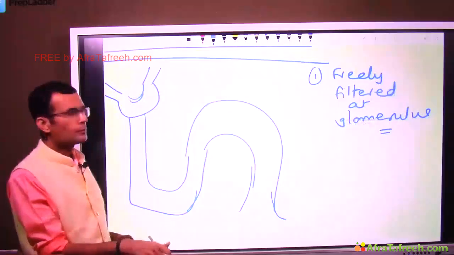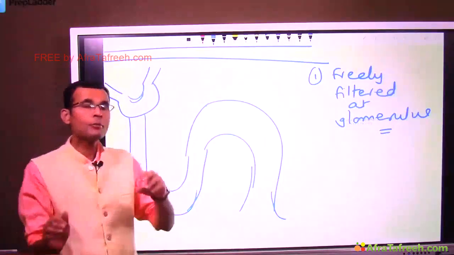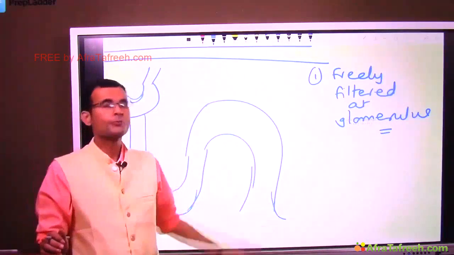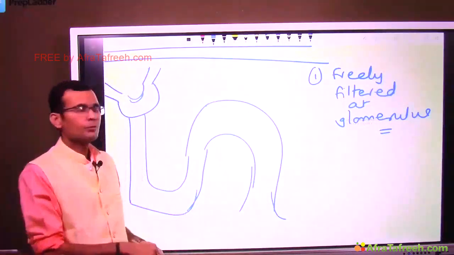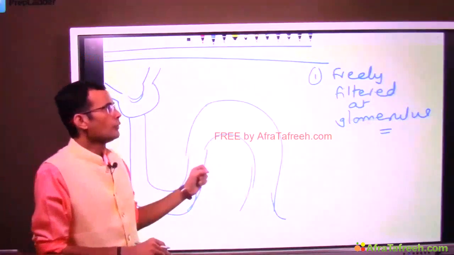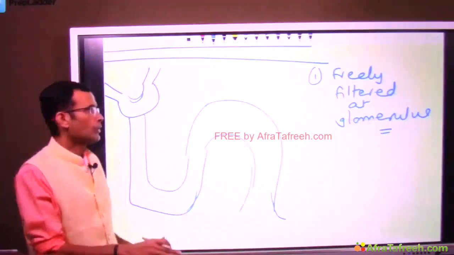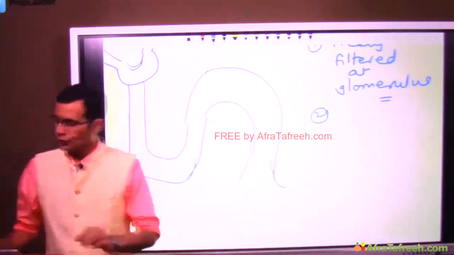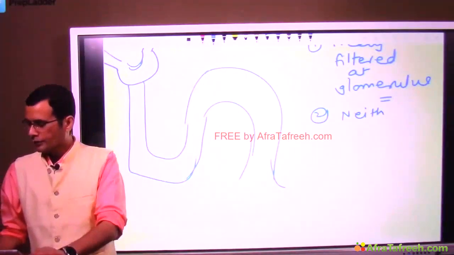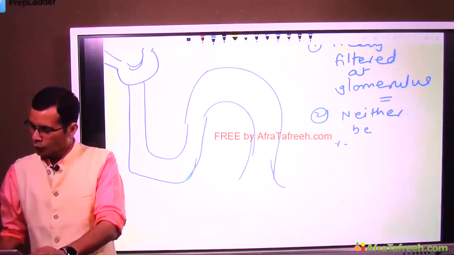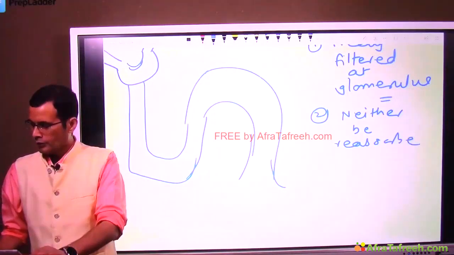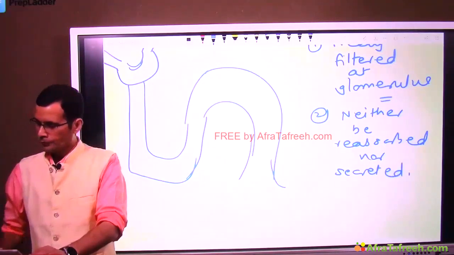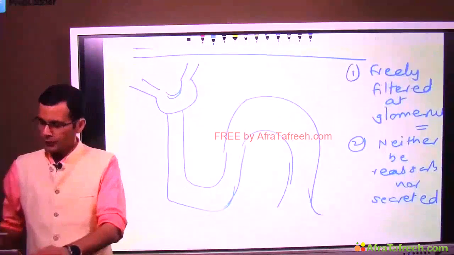That means it should not be bound to proteins. This substance which we are going to use should not be plasma protein bound, so it will get freely filtered at the glomerulus. And the second one, it should be neither reabsorbed nor secreted by the tubules. Okay, that's another property.